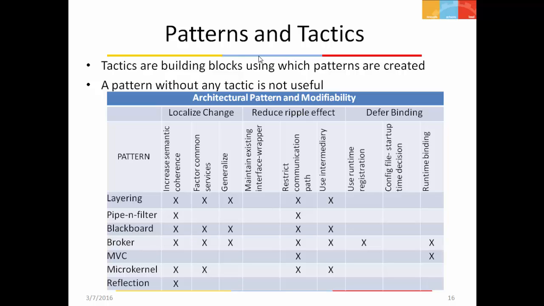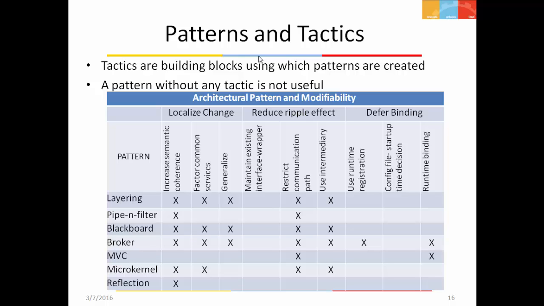We learned about layering, pipe and filter, blackboard architecture, broker pattern, MVC pattern, microkernel pattern, and reflection pattern. And the columns are essentially different types of tactics. In fact, those are different types of modifiability tactics. Most of the patterns that you have learned so far are actually about modifiability tactics.